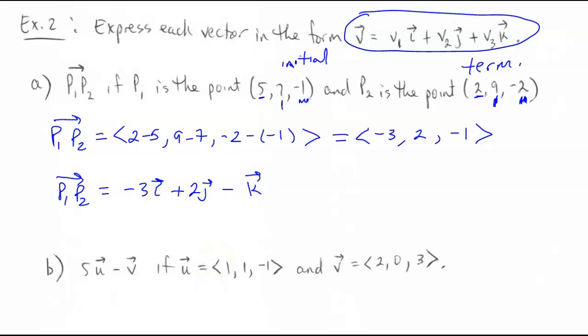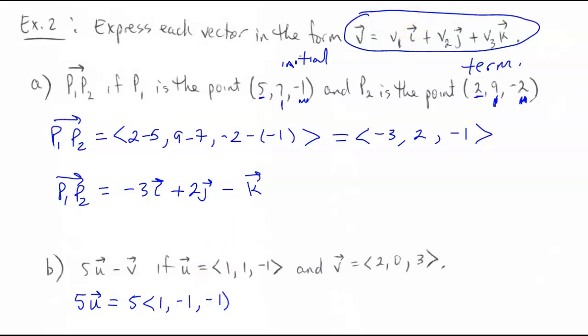For our next example, we have the scalar 5 times a vector u. So basically, we're taking the vector u and extending its length by a factor of 5. And then we're going to subtract a vector v from it, which means we're going to essentially add a vector that goes in the direct opposite direction of the vector v. So first we need to figure out what 5 times the vector u is.